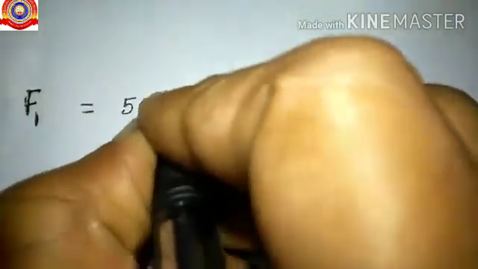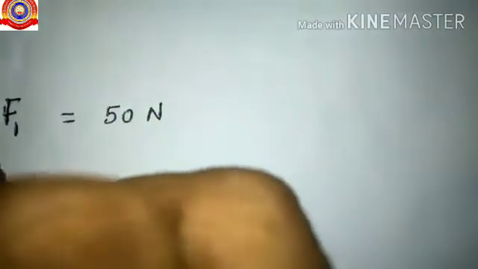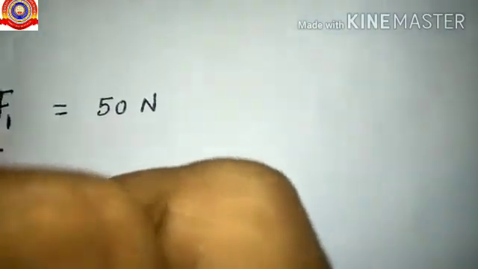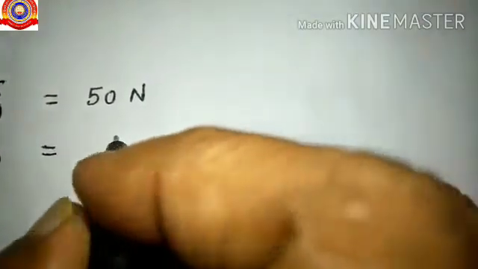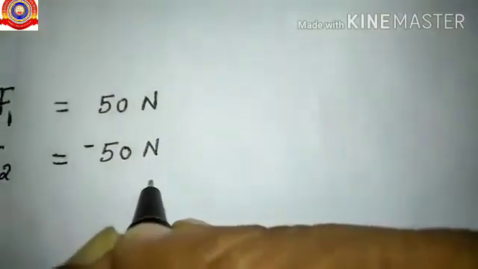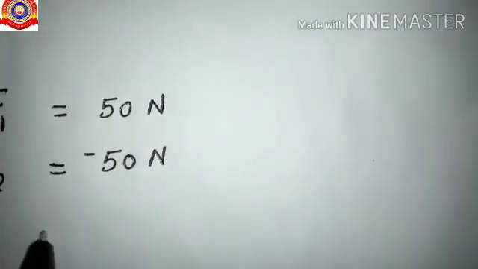What is F2? F2 is also 50 Newton. But here the force given by the second boy is in the opposite direction, so we have to give a negative sign, that is minus 50 Newton. The negative sign indicates the force given in the opposite direction.